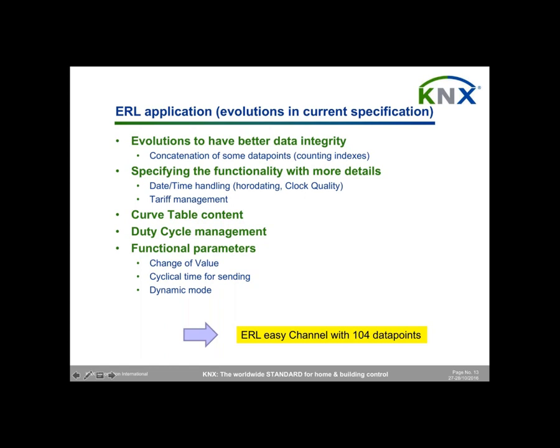Some more precise information about tariff management, that's more tariff namings on what is going on with the different information. A lot of details about curve table content. We have some dedicated data that are mandatory from the regulation to be able to see the power curve or the energy curve.